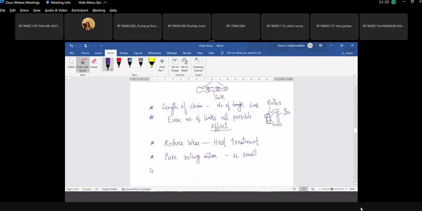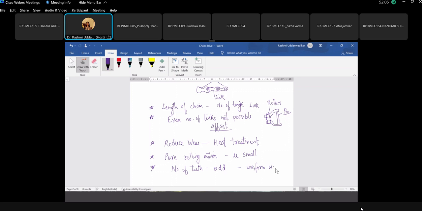And designers of sprockets also suggest that the number of teeth on the sprocket should be odd. With experiments, it has been observed that with an odd number of teeth, the wear is more uniform. All the teeth will have the same amount of wear.